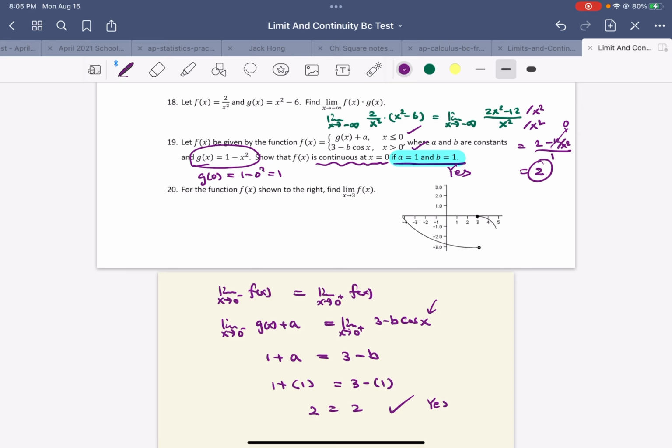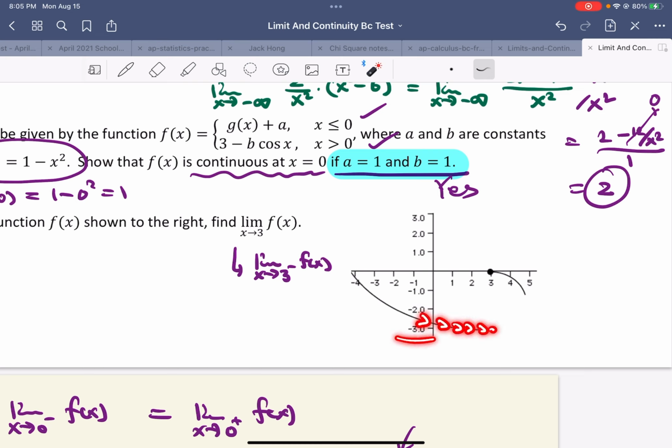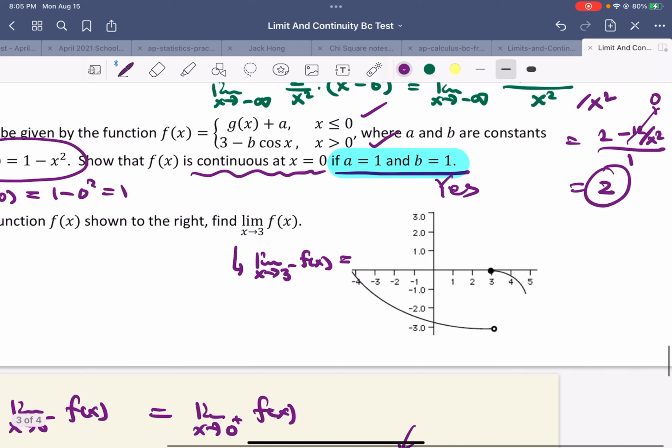Now number 20, for the function f of x shown to the right, find, when x approaches 3, what is your f of x value? So this one, you have to do both side limits. As x approaches 3 from the negative side, that means negative 3. So this is negative 3.